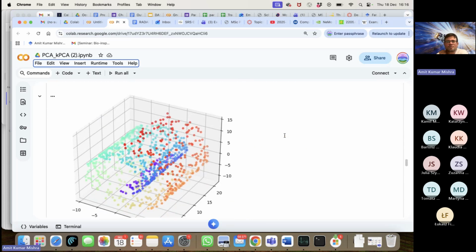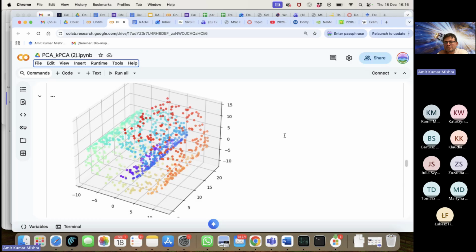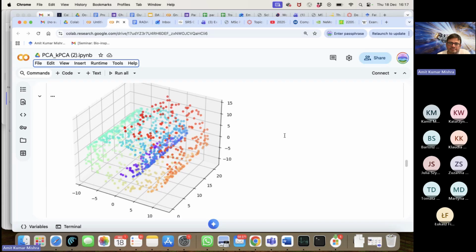Now, this is more complicated. This is called Swiss roll data. It's a couple of different classes rolled with each other. Looking from 3D, you can see that yes, there are different classes, actually very well separated. But if you try to visualize from 1D or 2D, it's next to impossible.